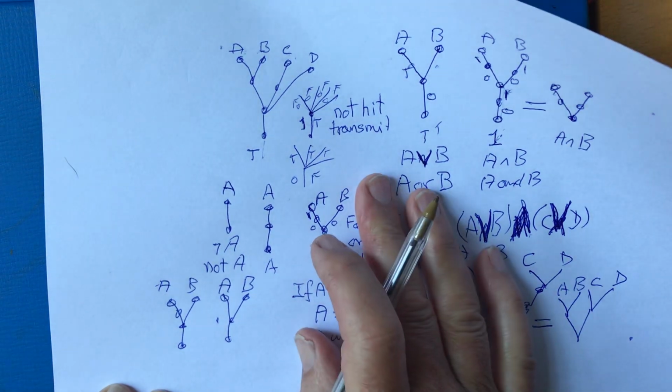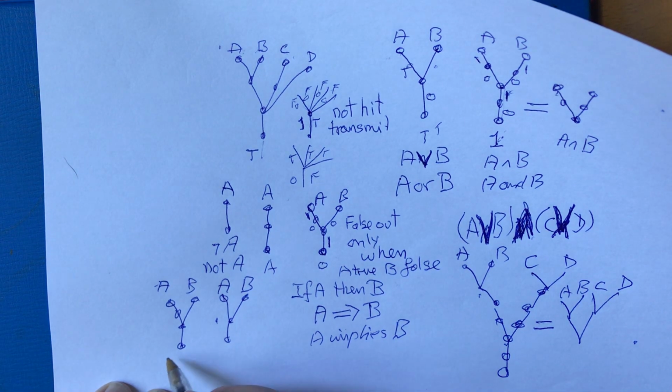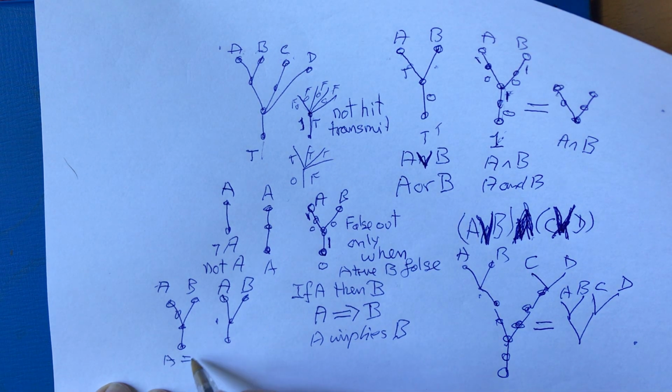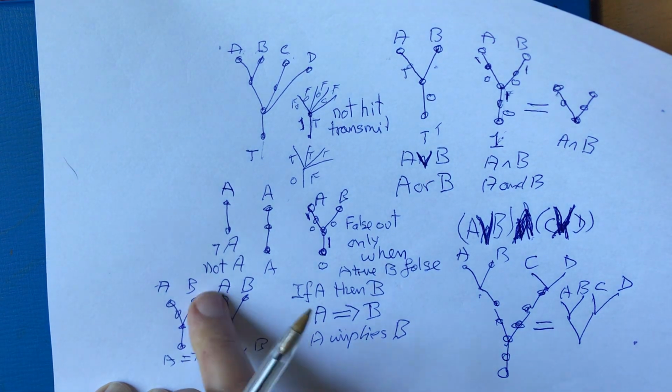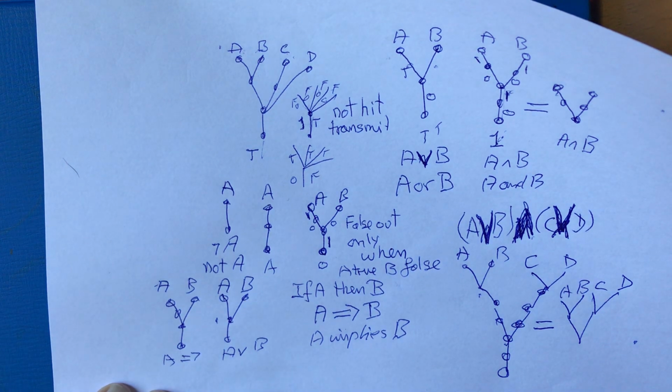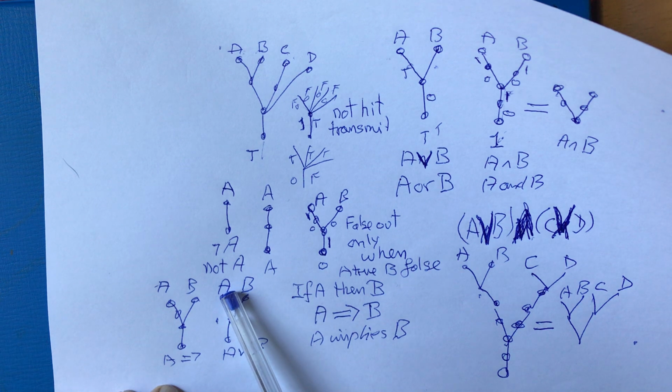So this is A implies B, and this is A or B. And notice they're very much the same. In fact, if I were to replace that A with not A, I would get exactly this.